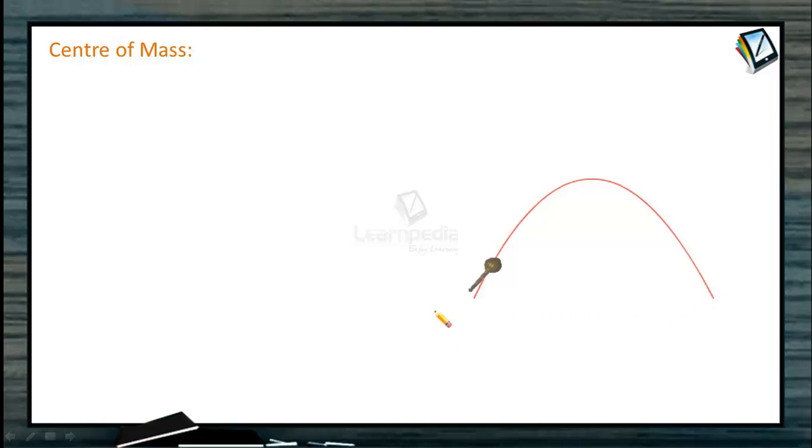When the Indian club is thrown from here, there is a point inside the Indian club. Initially, this point was here. The handle of the club is rotating around this point, and every particle of this Indian club will be moving in different directions. But this point inside the Indian club will move along the line which is shown.